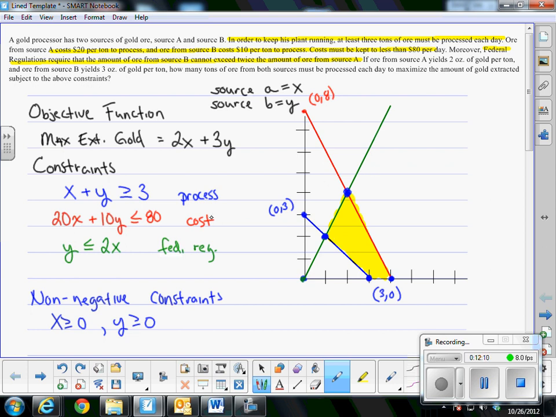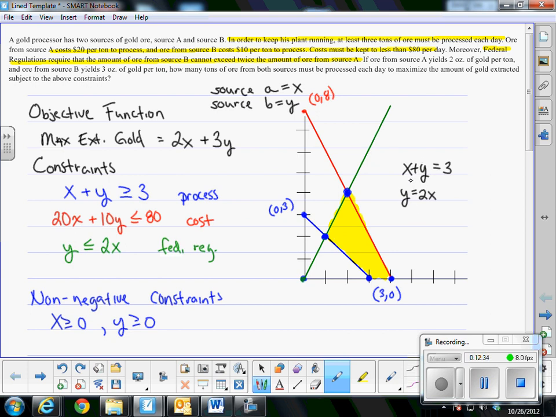What I'm going to do is take this blue line and this green line. The blue line was x plus y equals 3, and y equals 2x was the green line. With this, I can use basic substitution to find x and y.